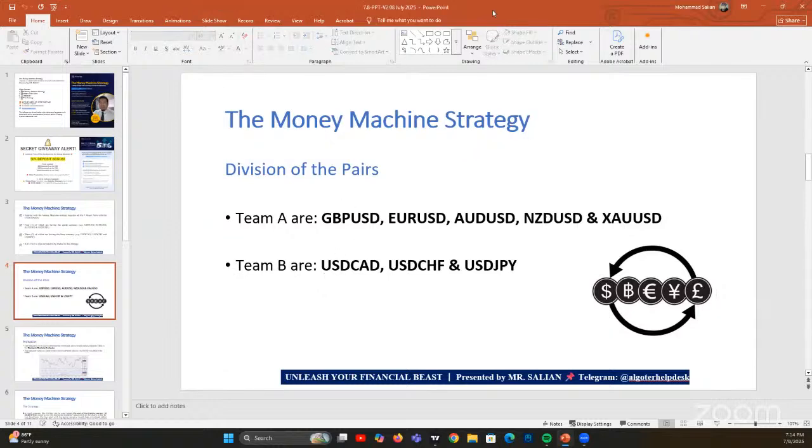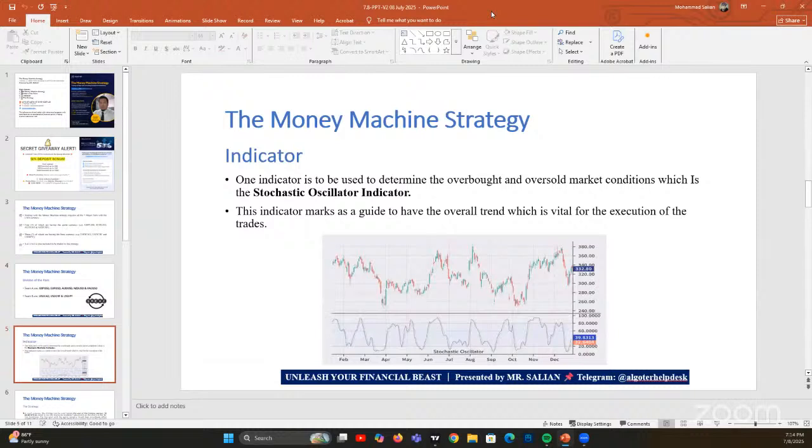Now, the indicator. We need one indicator to have like a guide. This will guide us if it's overbought or oversold.